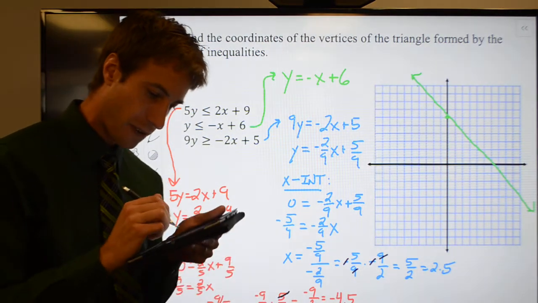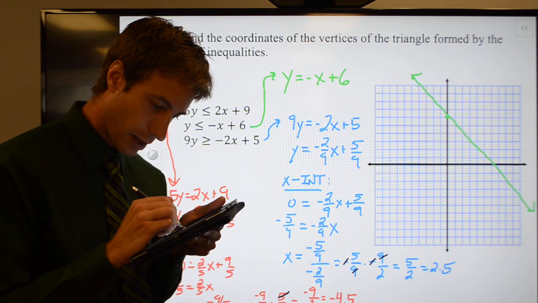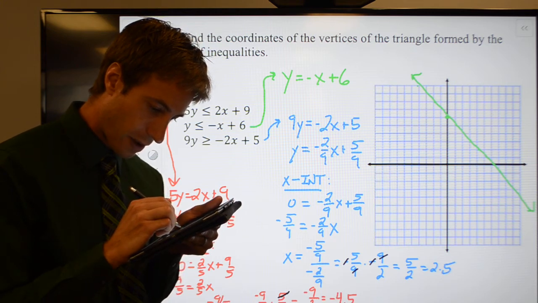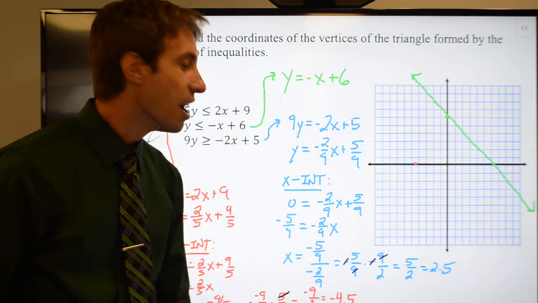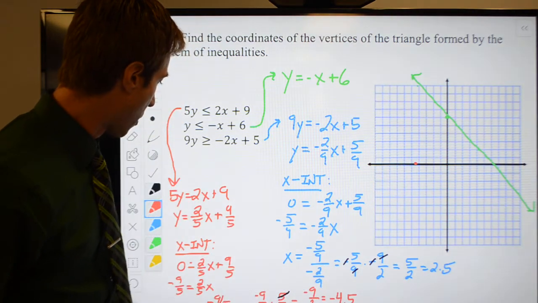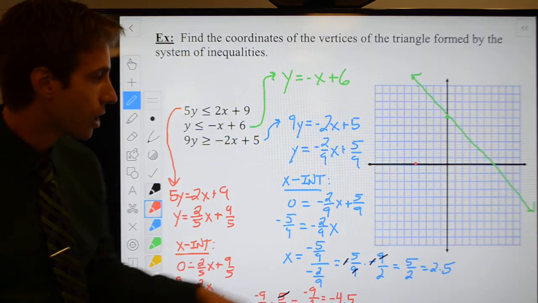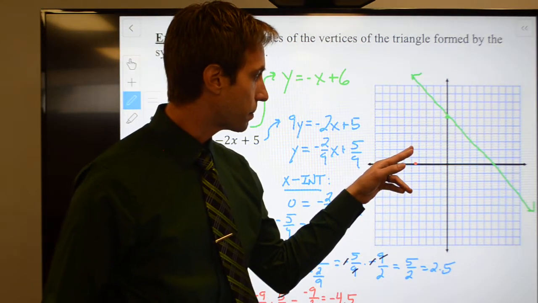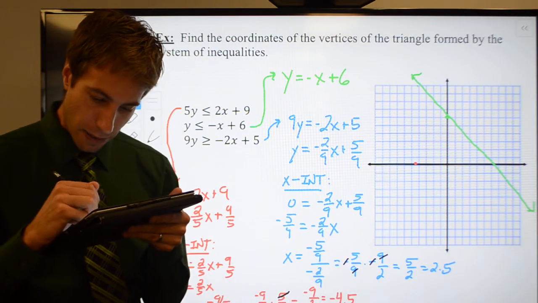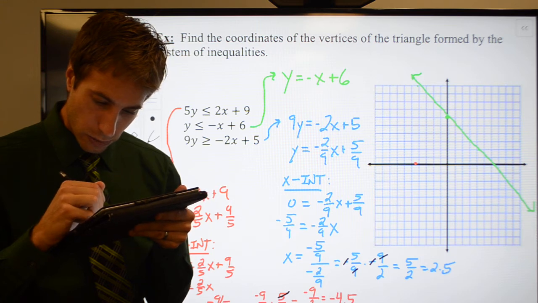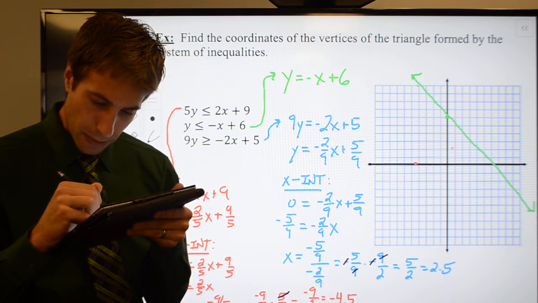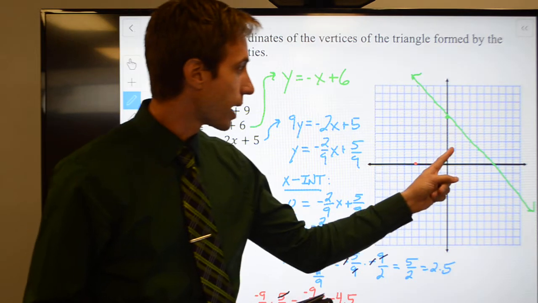So negative 4.5, negative 1, negative 2, negative 3, negative 4.5 puts me right in there. Now, what do I do from there? Well, my slope is 2/5. So from this point, I would go up 2 and over 5. 1, 2, 1, 2, 3, 4 puts me right in between those guys there.